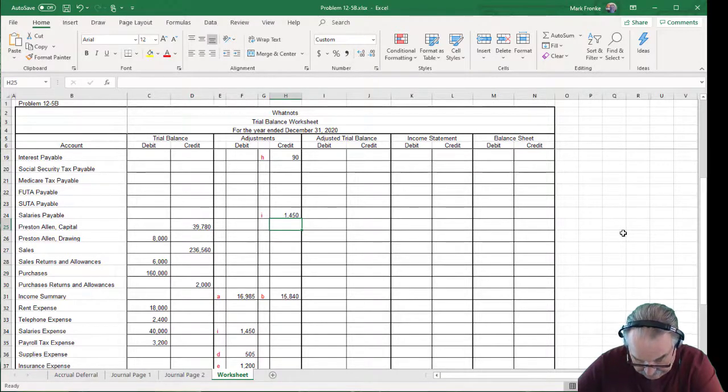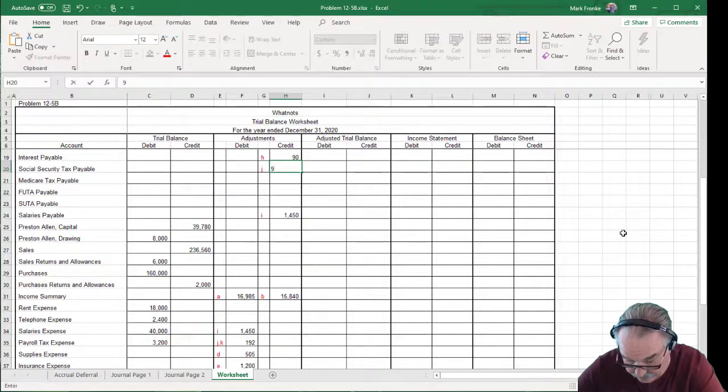Then we have J and K. J and K are the payroll taxes related to our accrued salaries. So I'm going to put J comma K as the reference. The total is $192. Debit to payroll tax expense. We have a credit for $90 to Social Security payable.